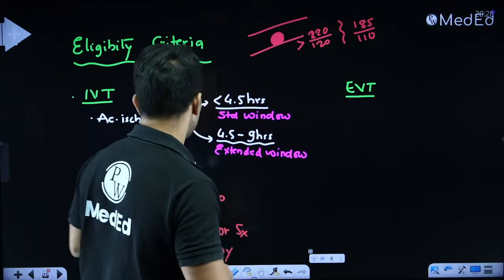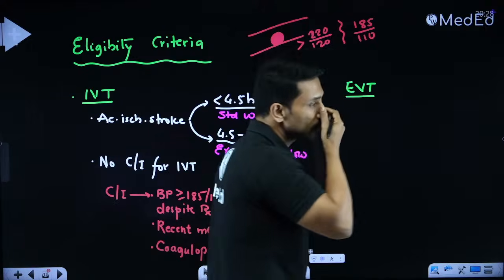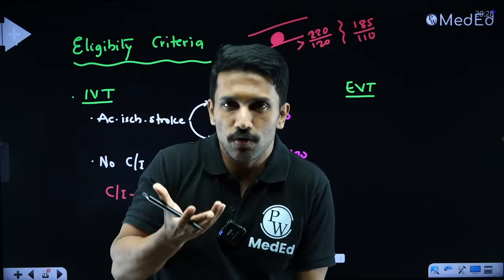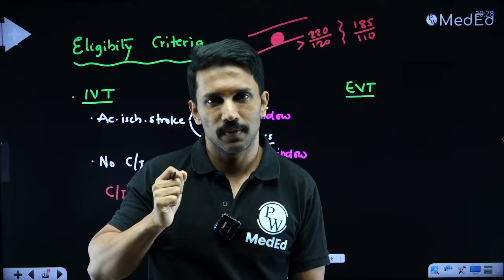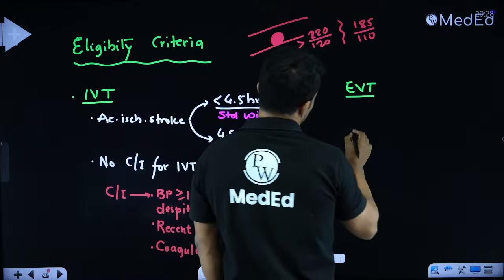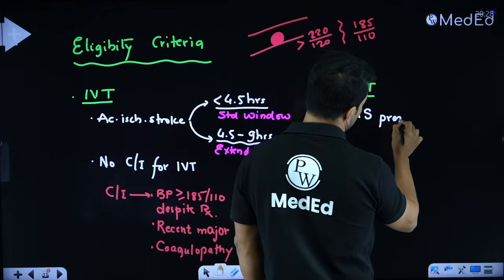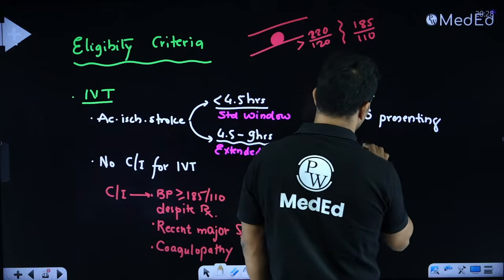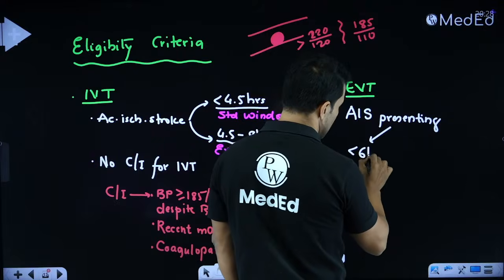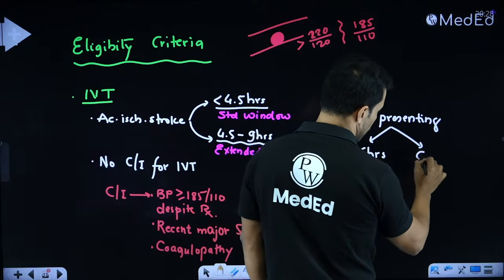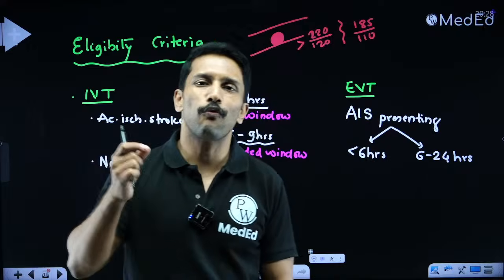Now the eligibility for the EVT. So for the EVT, the issue with the brain angioplasty, what we today call EVT, was we were not able to reach all the blood vessels, right? So even today we can't reach all the blood vessels. So if you have an acute ischemic stroke patient presenting either within 6 hours or 6 to 24 hours, because up to 24 hours you have a hope of finding penumbra.